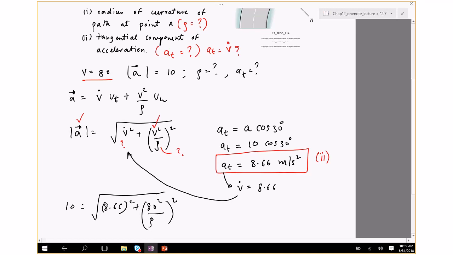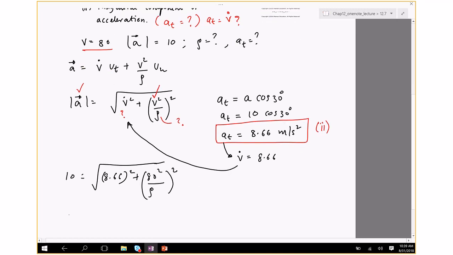So now we have one equation, one unknown. Solve for rho gives me rho equals 1280 feet.